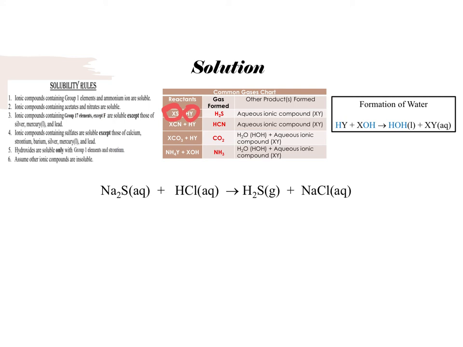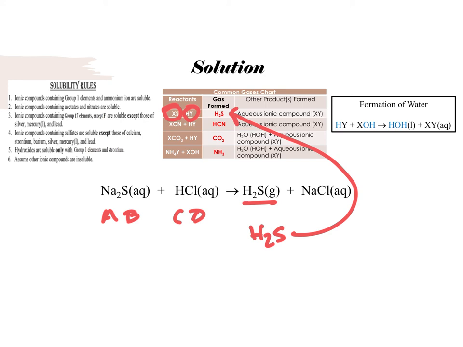So I knew that I was going to get the gas. If you didn't know that and you just did the A, B, C, D, you still should come up with H2S, and then your eyes need to go to the chart knowing this is going to be a gas, it's not the hydrosulfuric acid, and you're going to say, yes, the reaction occurs.